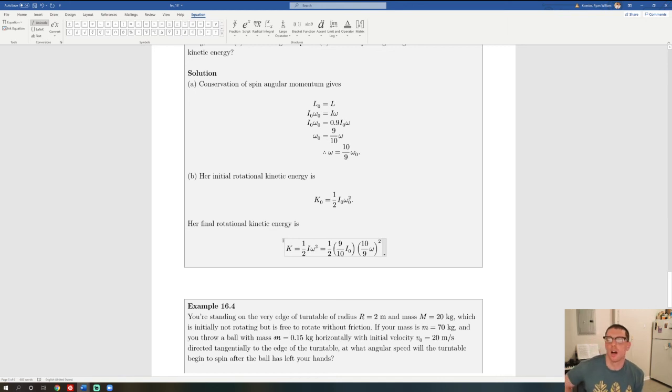Because 10/9 is definitely a different number than 10 squared over 9 squared. Okay, so I'm just gonna have Mathematica simplify this for me, so bear with me for a second, but we have 1/2 times 9/10. Wait, I'm sorry, I should have written omega naught here. Let me just fix that really quickly. 1/2 times 9/10 times I.